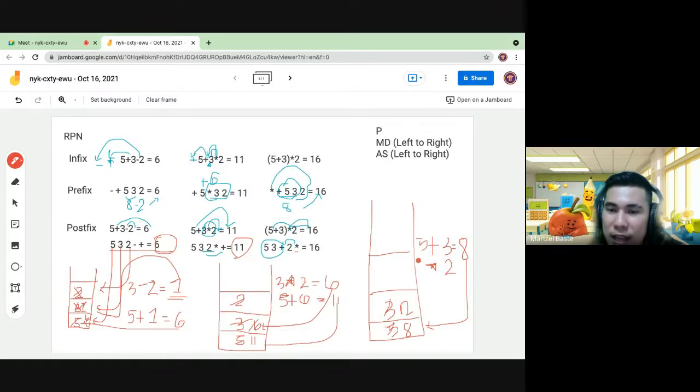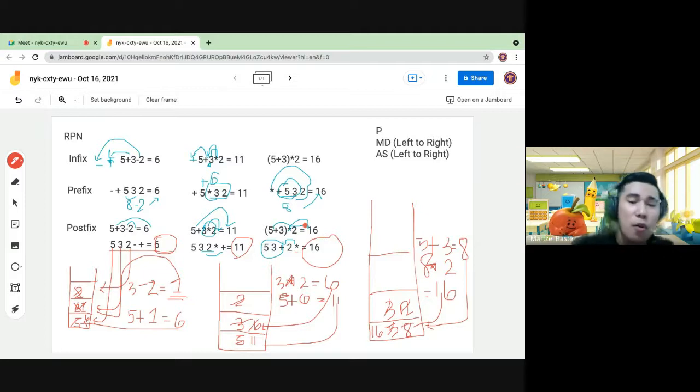Operator man siya, then pop the two elements 8 and 2, which is now pila? 16. So mawala na ni siya, mahimo na 16 ang value sa atong stack. So that is how our computer follows the algorithm that is written by a programmer.